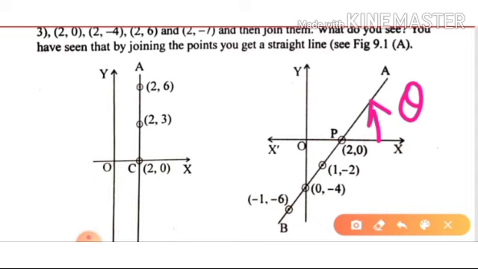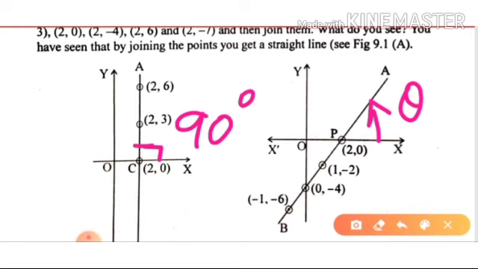Now if you look here, the inclination of a line perpendicular to x-axis, that is the y-axis, is obviously 90 degrees.